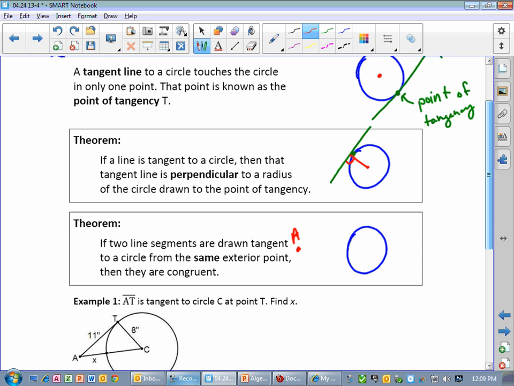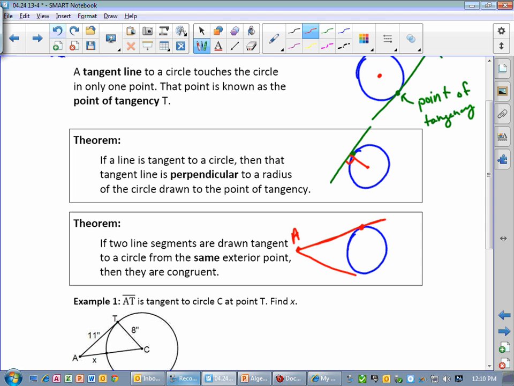Now, if I draw a line that is tangent to this circle, starting at point A, notice there's only one possibility. There's only one line that does this. All right, there would be that line. There's the point of tangency. If I draw another line starting at A that's tangent to the circle, oops, make that a little bit lower.